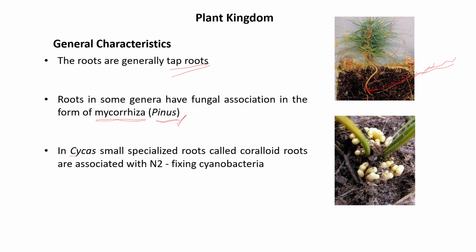In the case of Cycas, another gymnosperm, small specialized roots called coralloid roots are present, and they are associated with nitrogen-fixing bacteria. Generally, roots are positively geotropic, which means they grow downward towards gravity. But this coralloid root moves upward, and it contains a lot of nitrogen-fixing cyanobacteria.